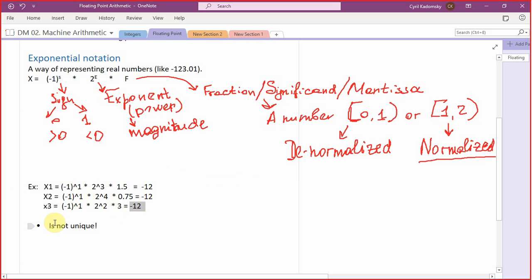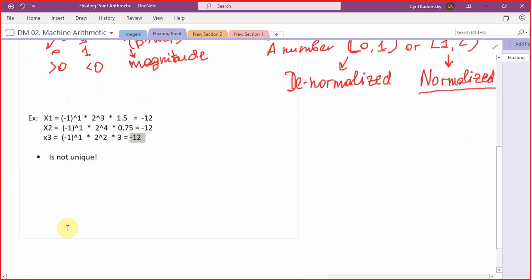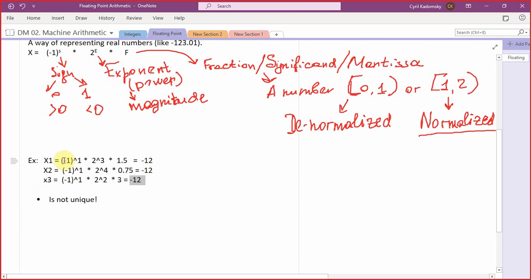Okay, and this is bad. This is bad news for computing, because in a computer we must have some specific, precise and unique representation for each number. Okay, so actually this poses a problem. The problem is the representation is not unique.